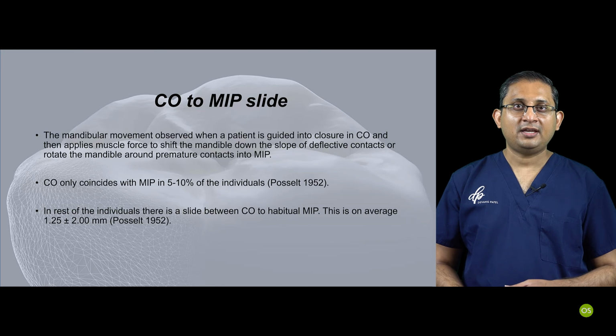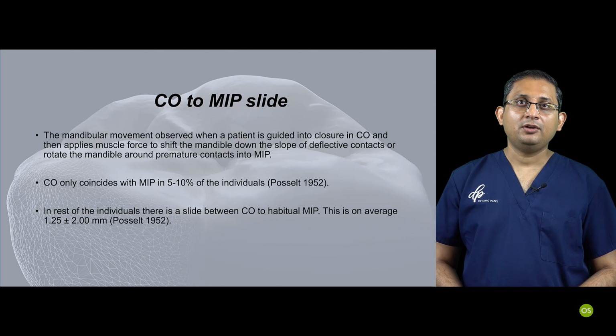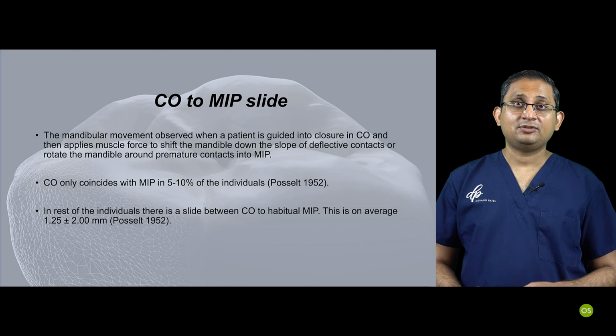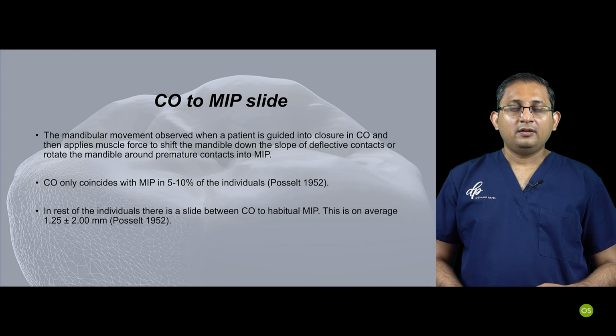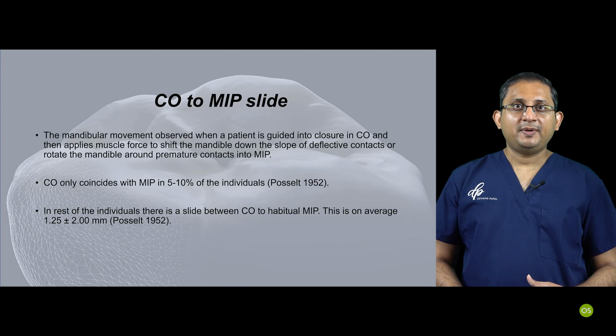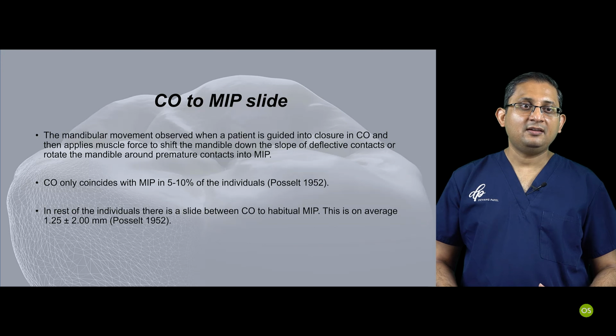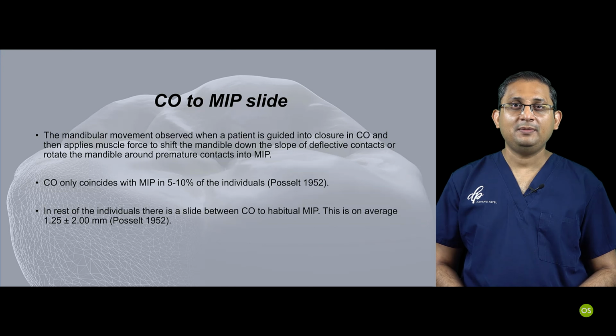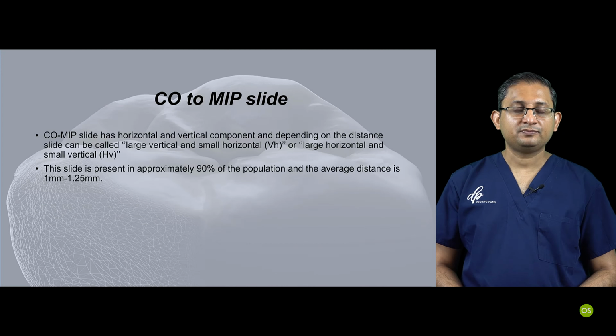If you find that your finding is CO equals MIP, you really need to question whether that's the truth, or whether the muscles are so tense that you cannot relax them. However, in those 90% of patients, the slide can be anything between 1.25 plus or minus 2 millimeters. So it could be as huge as 3.25 millimeters. That's the reason we need to really understand the tooth which is causing this slide, or the first point of contact.